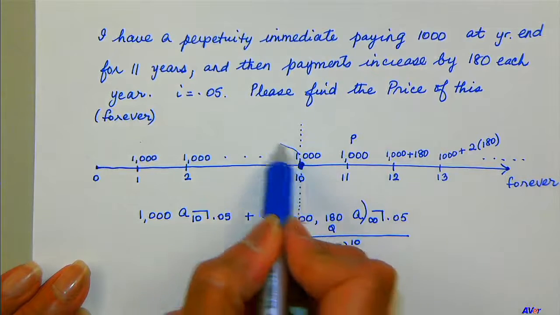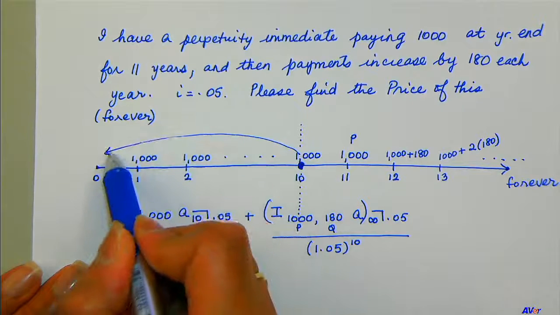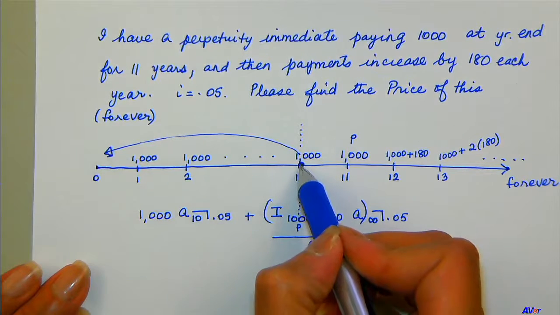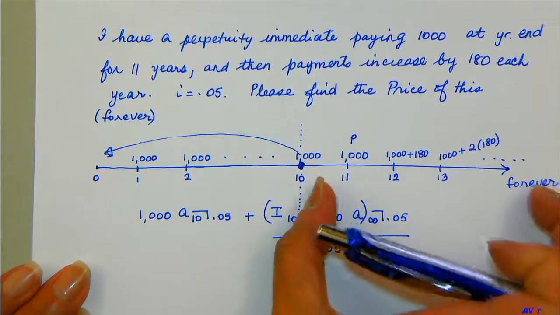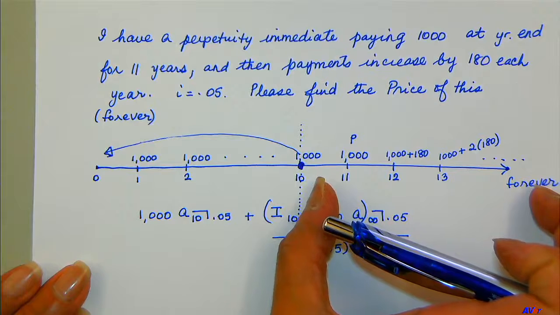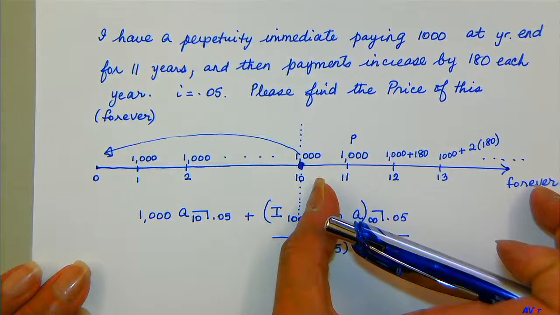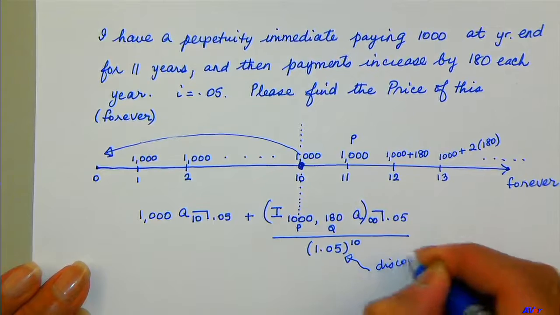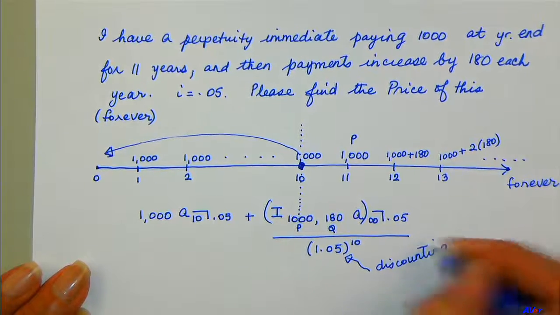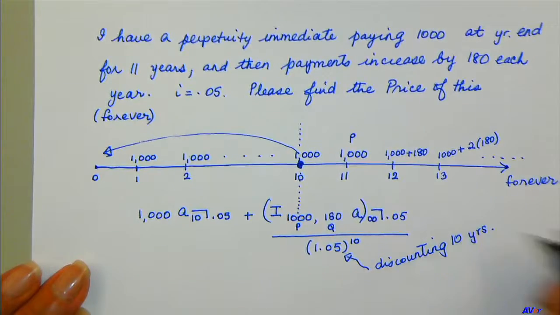and then I will bring this back this way, because the present value would be at time 10, not at time 0. And I want the present value of this increasing perpetuity at time 0. So I would have to discount 10 years, meaning bring it back.